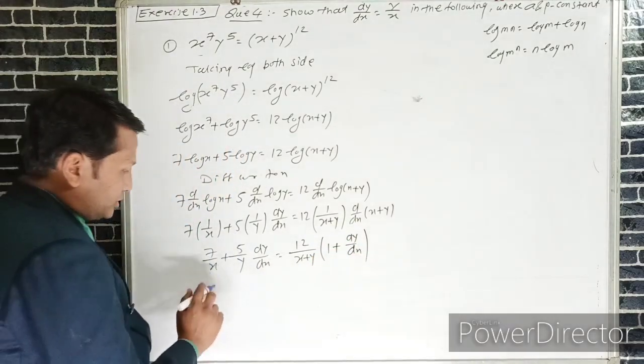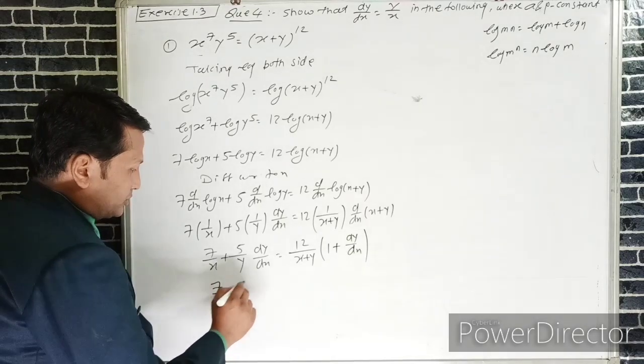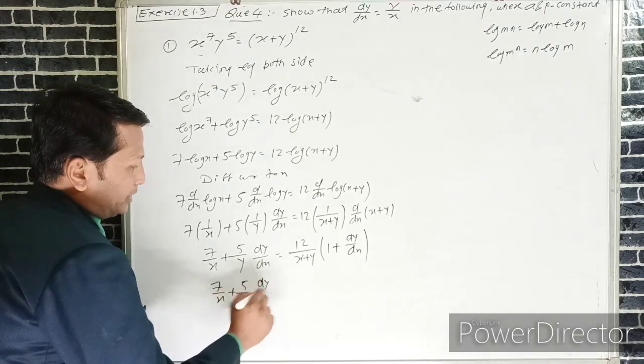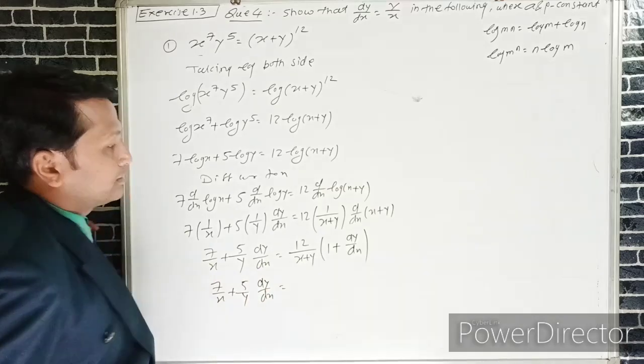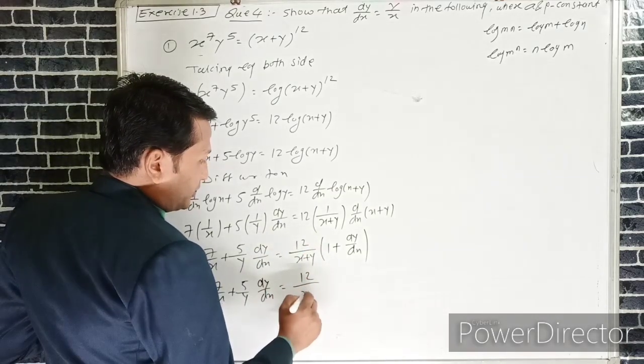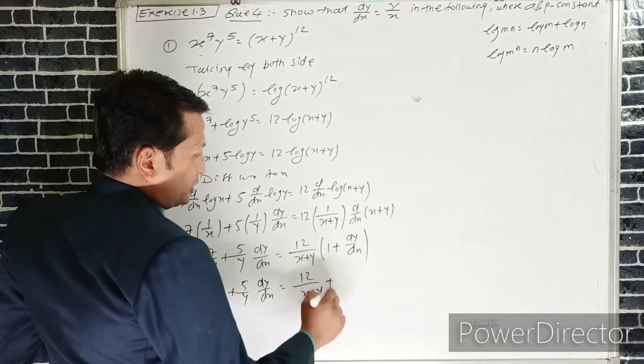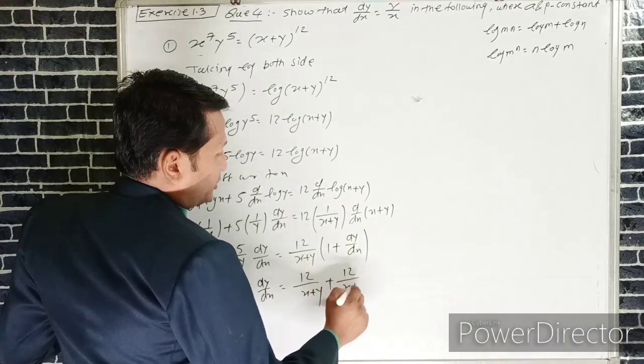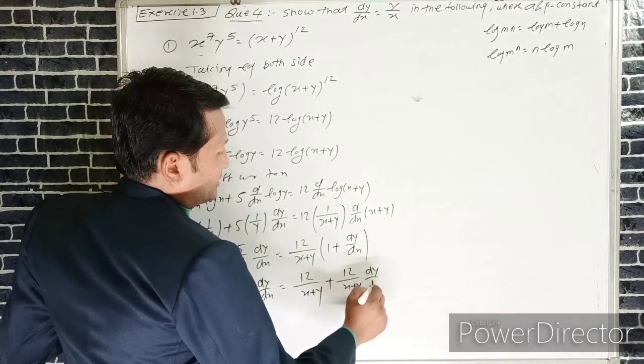Now 7 by x plus 5 by y into dy by dx as it is. Here 12 into 1, which is 12 upon x plus y, plus 12 upon x plus y into dy by dx as it is.